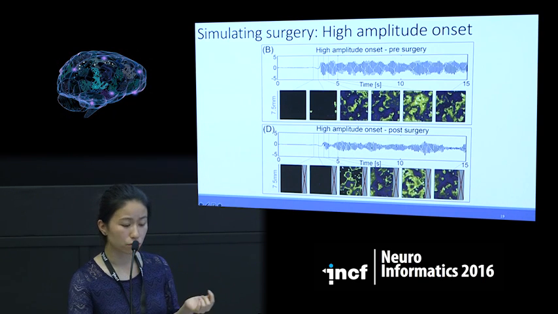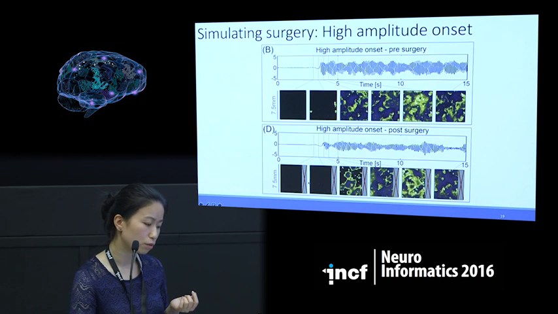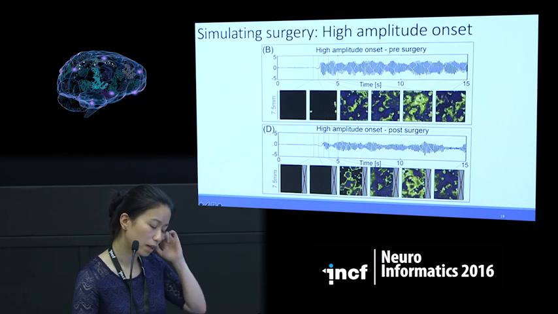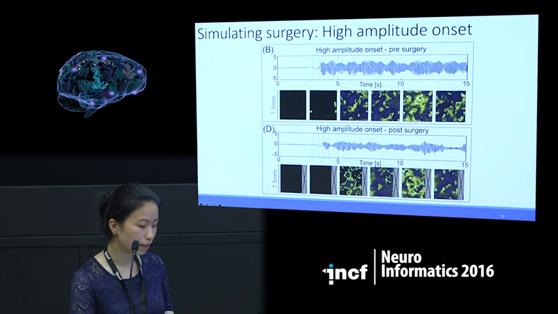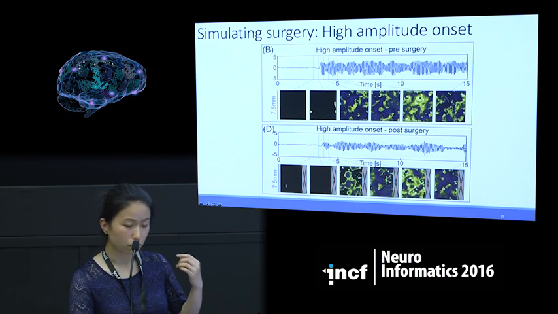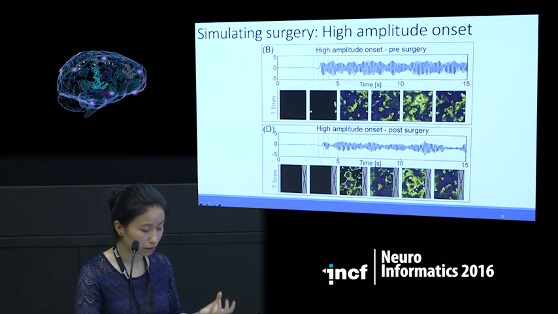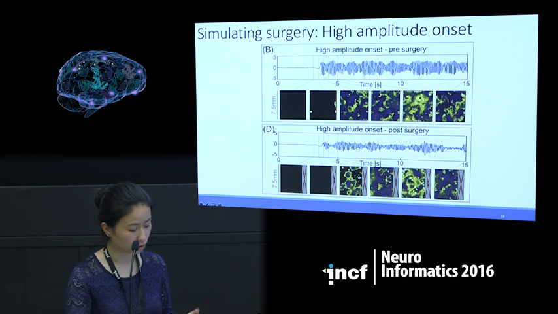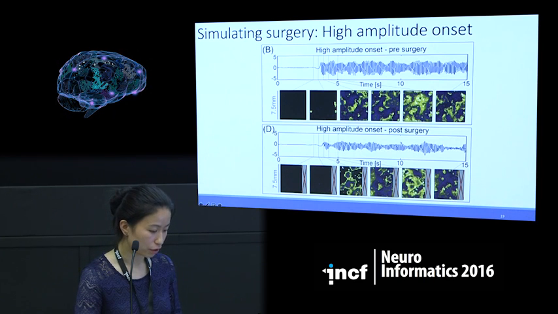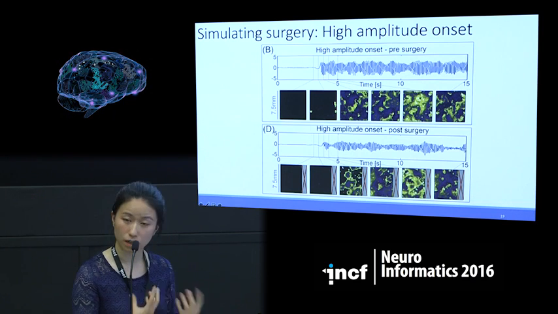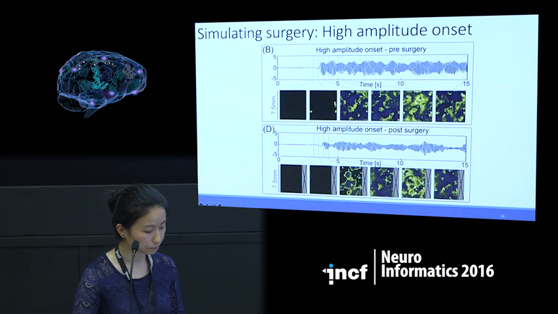We would say that the surgery success is probably not so good, because after you remove a piece of tissue in the high amplitude setting, the surround can still be provoked to have a seizure from other micro-seizure causes. That's illustrated here: even after the surgery, although the seizure starts slightly later compared to the original simulation, you can still see that a small provocation starts off a full seizure recruitment again.